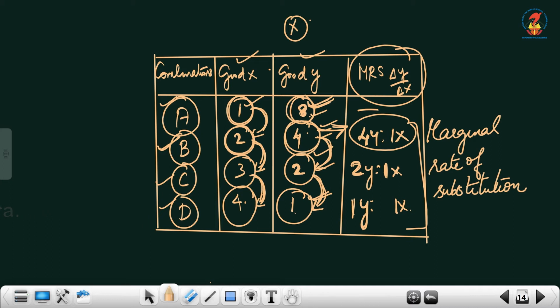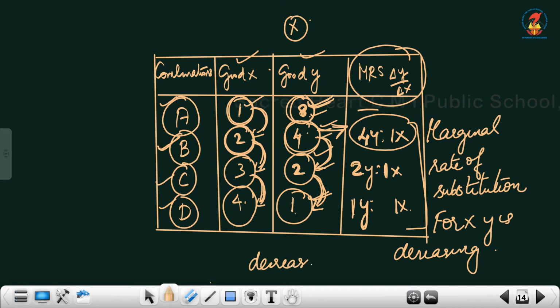For X, we can write like this, for X, Y is decreasing. Definitely for X, Y is decreasing from 8 to 4, 4 to 2, 2 to 1. But the decreasing rate of Y is less.